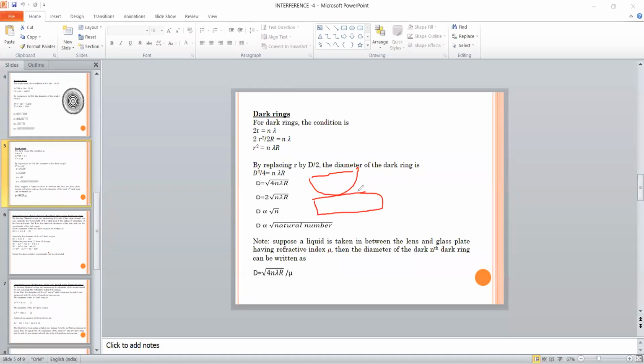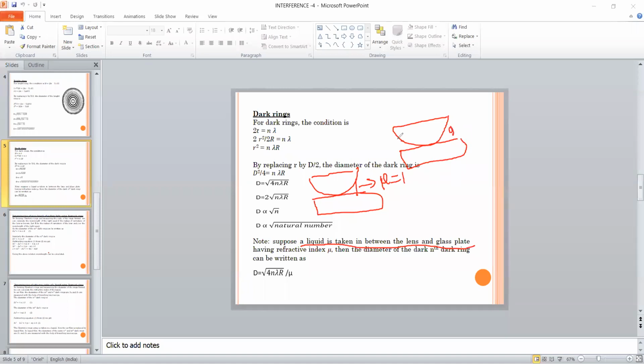In between these two, there is air medium. That means you have to take mu value as 1. If, suppose, a liquid is taken between the lens and glass plate, that means the same experiment, like this.